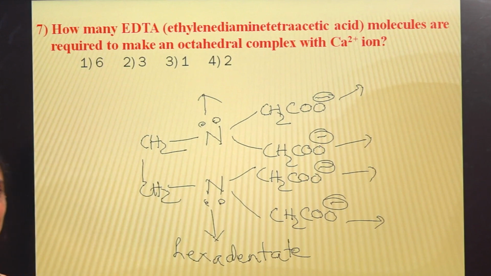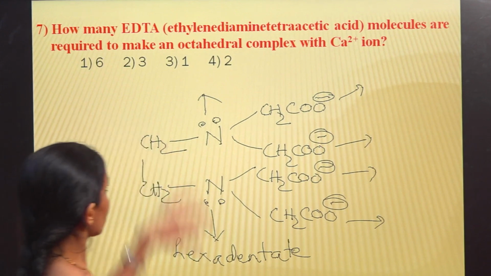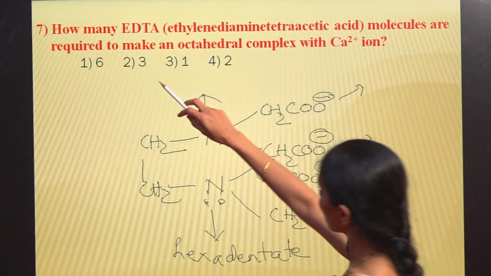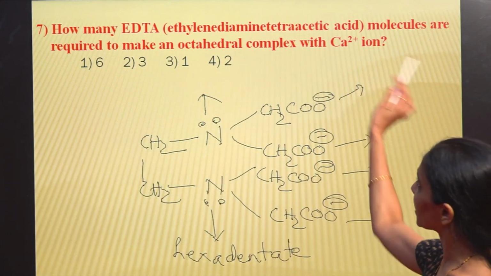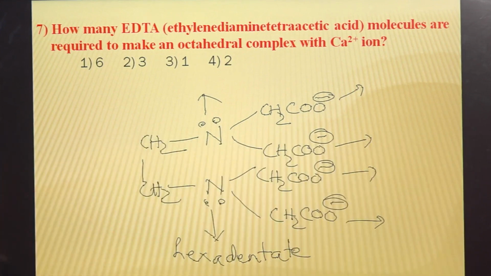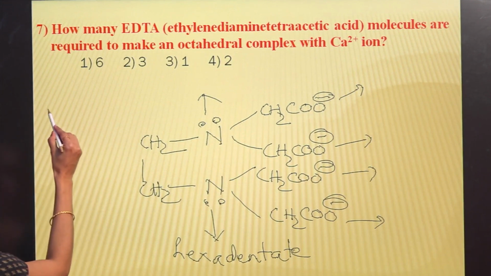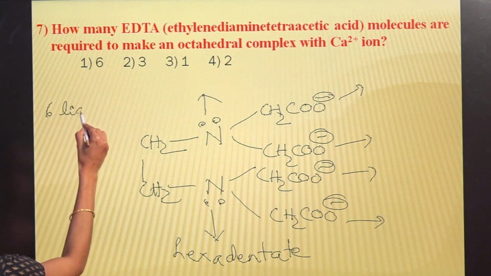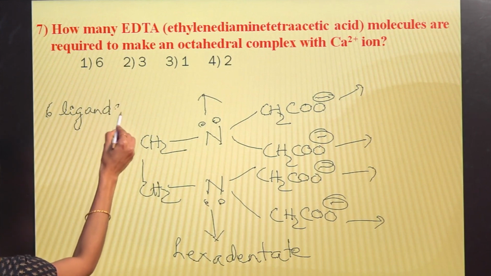Its denticity is 6. Now the question is, how many such molecules are needed to make an octahedral complex? In order to form an octahedral complex, we need how many ligands? We need 6 ligands, provided they are monodentate.